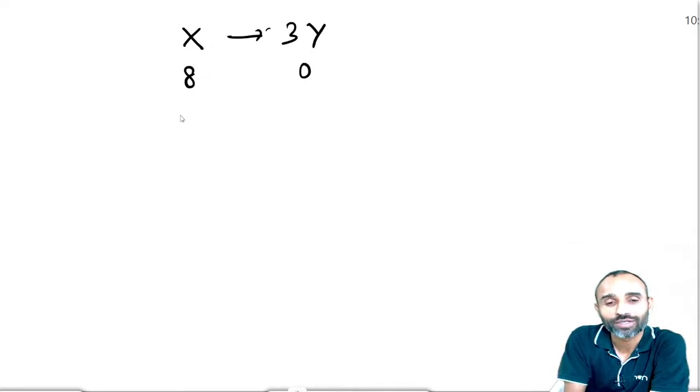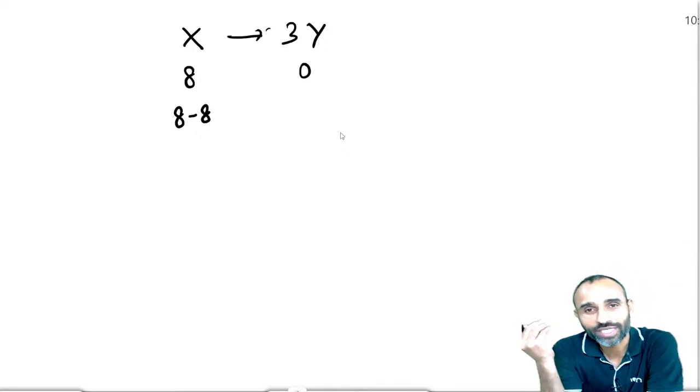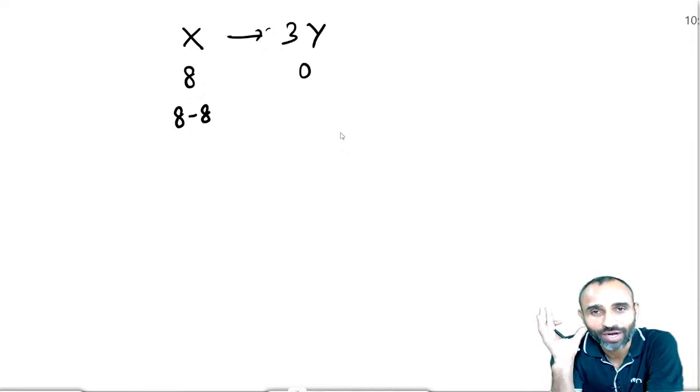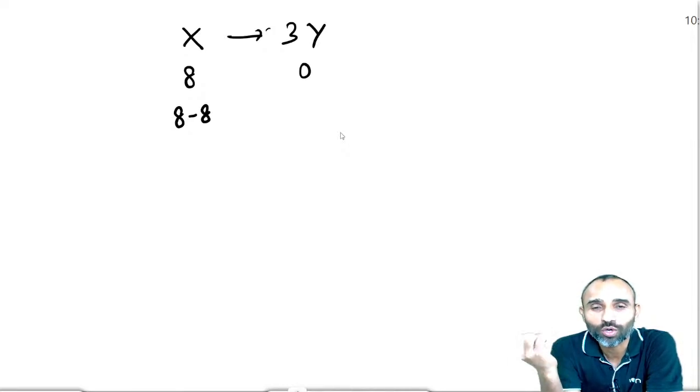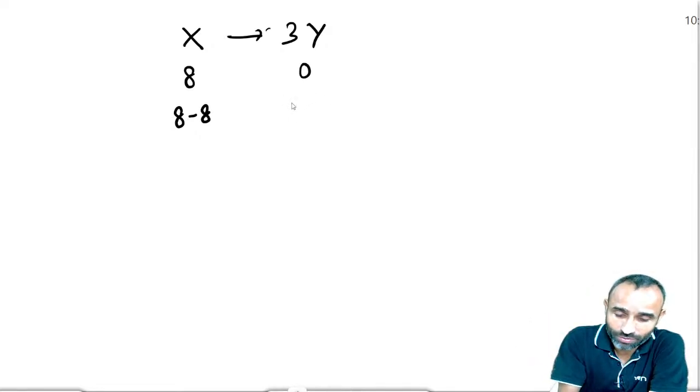After completion of the reaction, whole of the x is consumed. So how much amount of Y is formed?